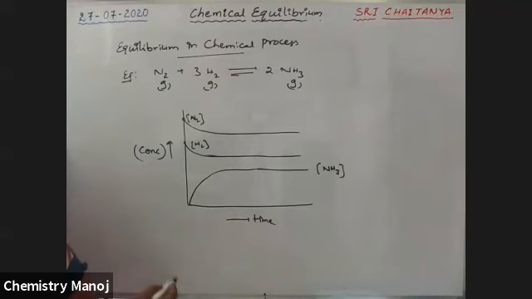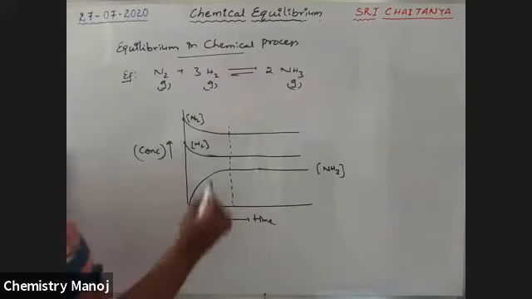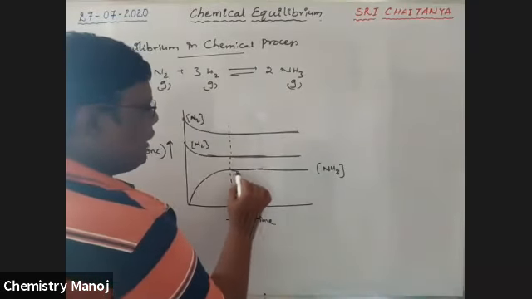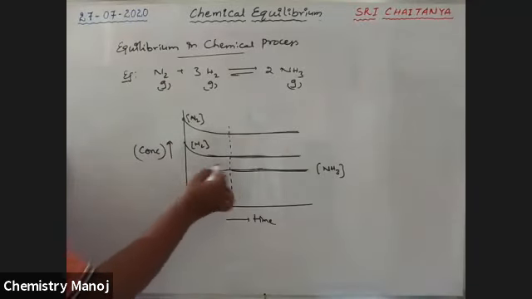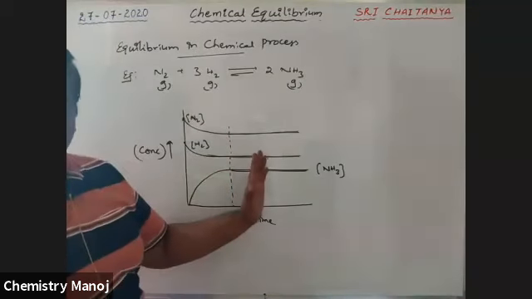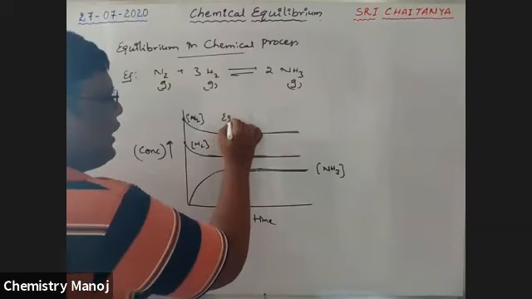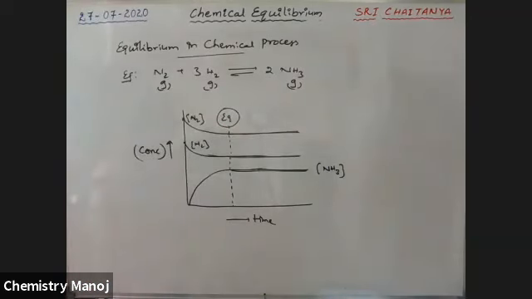After this point, the concentrations of hydrogen, nitrogen, and ammonia do not change. Up to that point, they change gradually: these decrease, these increase. After such a time, the concentrations are not changed. So this is the point at equilibrium.